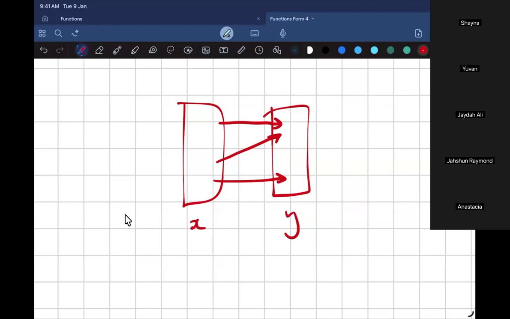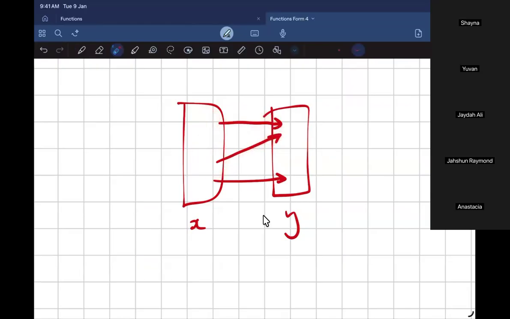Say that again? That it's a many to one. Right. Yvonne, do you know why she's saying that is a many to one? Because one of the numbers goes to the same one as another one. Exactly. So many of them go into one.